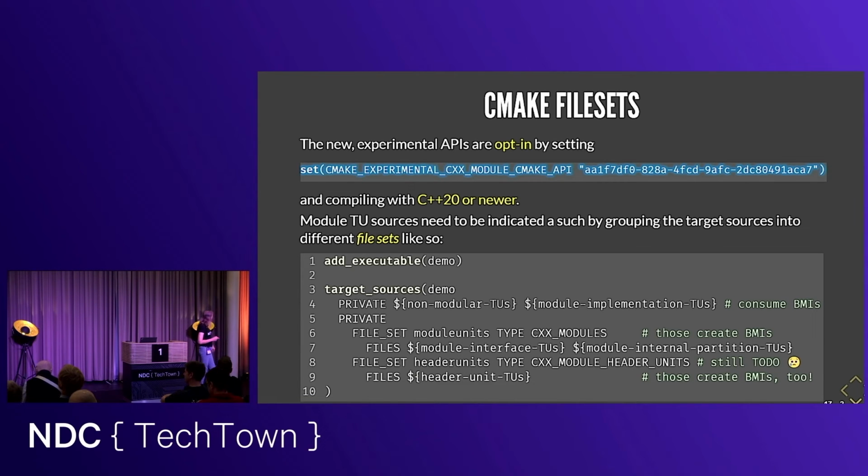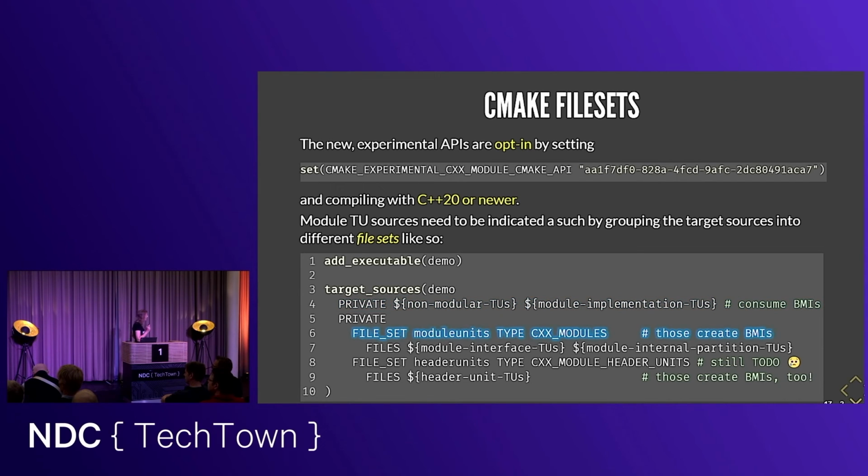And if you do that, you can use file sets in your target sources directive within the CMakeLists.txt file, where you can give, in the old-fashioned way, the source files for your executable or library. And these are the entities or source files that consume BMIs.